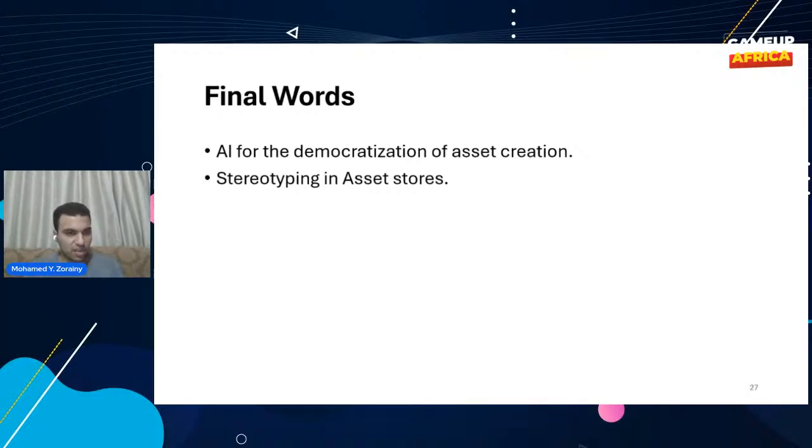Also, it helped challenge something that I found when I was trying to find these assets, because there is stereotyping in movies and in books and everything, and this can be found also in asset creation.